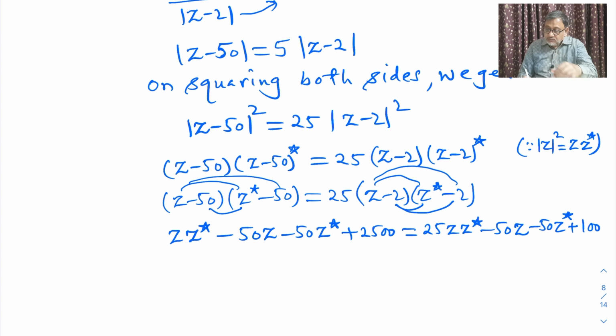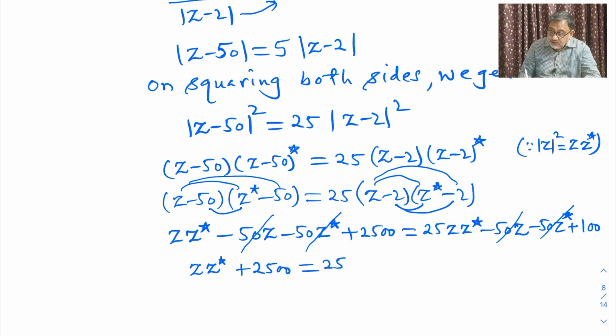Now like parts on both the sides can be cancelled. Minus 50z, minus 50z, minus 50z conjugate, minus 50z conjugate. So we are left with z z conjugate plus 2500 is equal to 25 z z conjugate plus 100. So I'll take this there and bring 100 here.